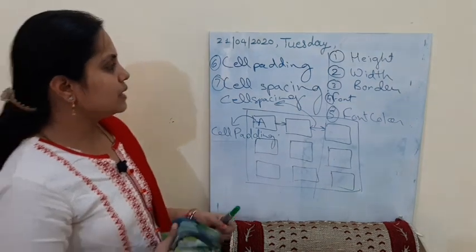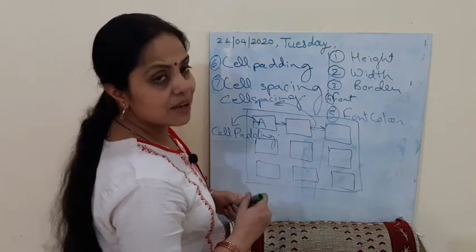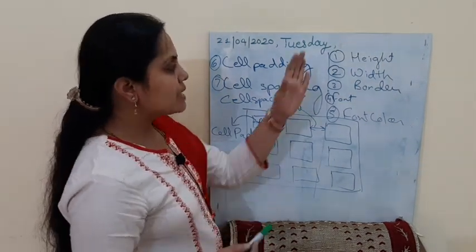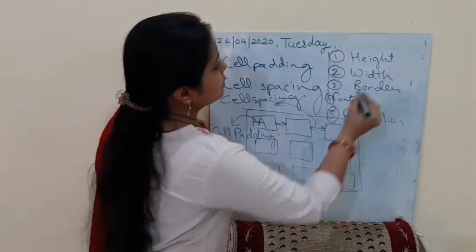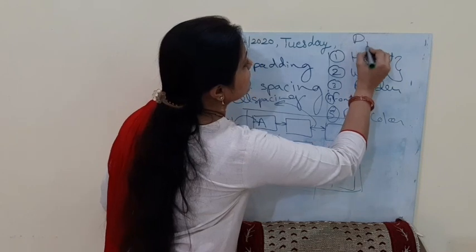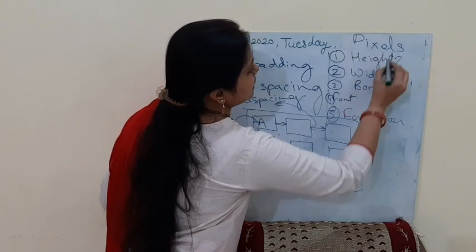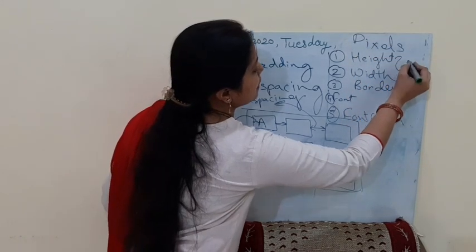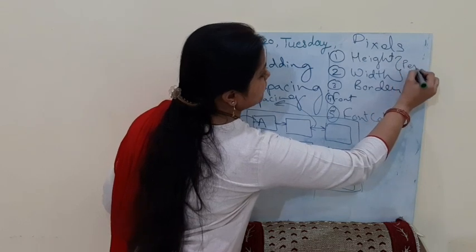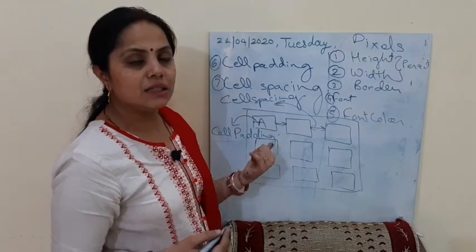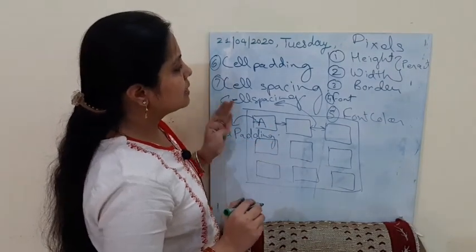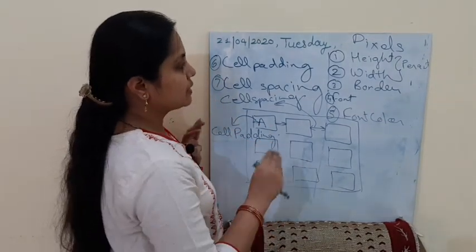Now height and width: as I have not discussed images, this will go with images, but it applies here also. Height and width can be defined either in pixels or in percent. Pixels means how many pixels of height and width.